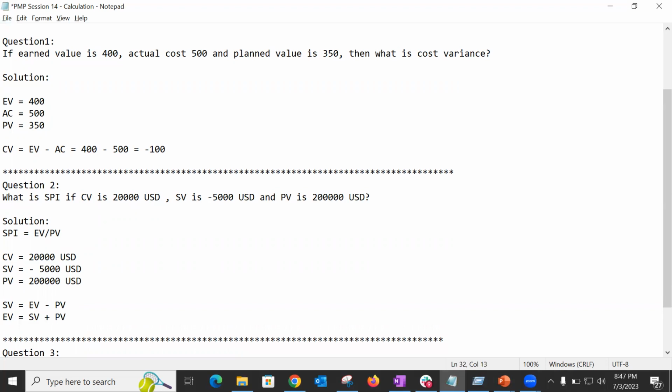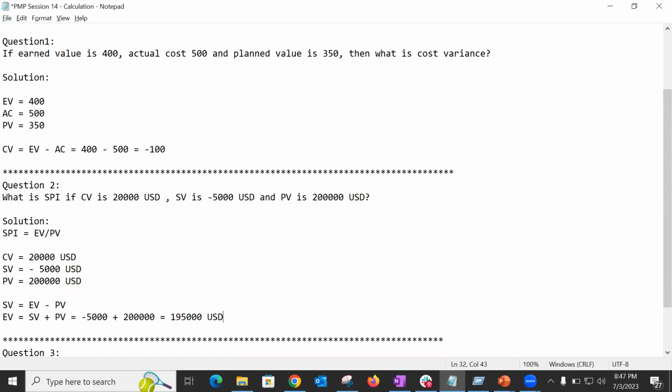Okay, now I'm just adding. SV is minus 5,000 USD and PV is plus 2 lakh. So again, that comes down to 2 lakh minus 5,000, that is 1 lakh 95,000 USD. That is the earned value.